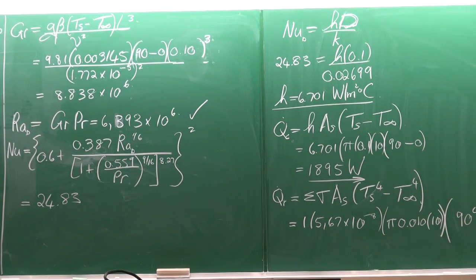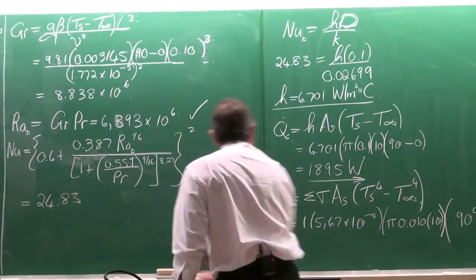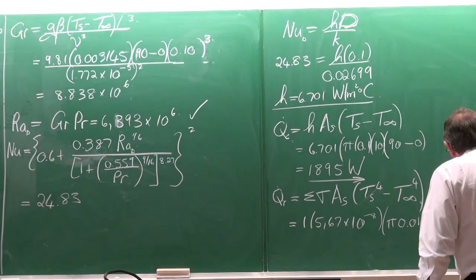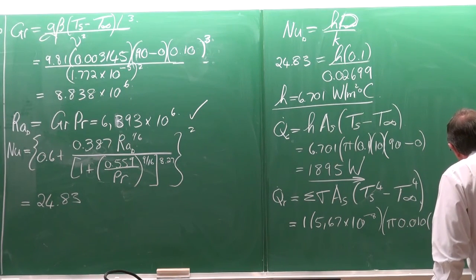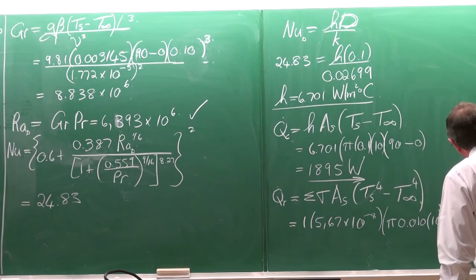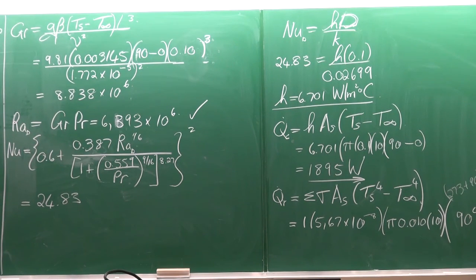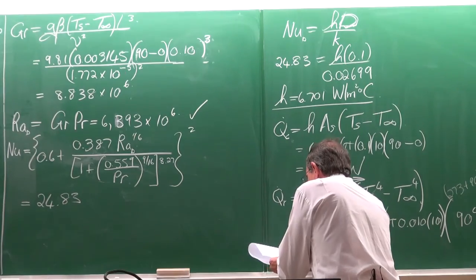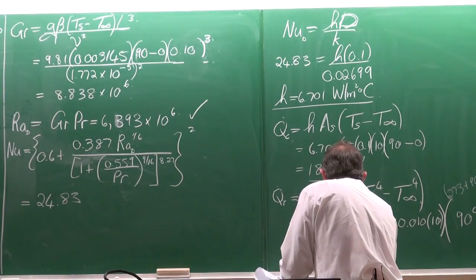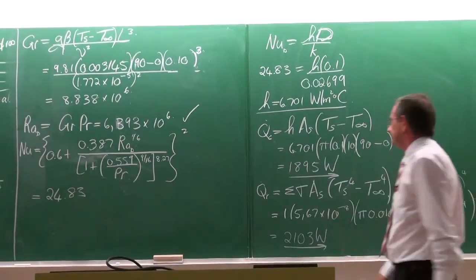Great. You've remembered. So this temperature must be in Kelvin. So this should be equal to 273 plus 90 to the fourth, and this one should be 273 to the fourth. And then the radiation heat transfer is equal to 2,103 watts.